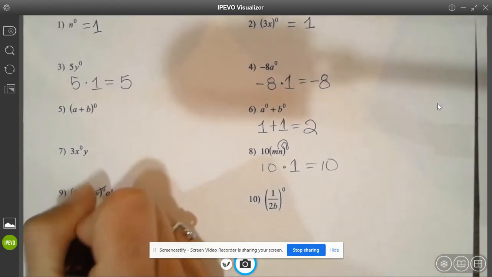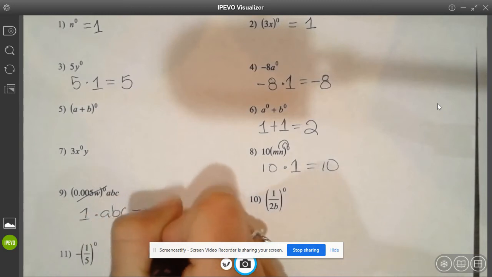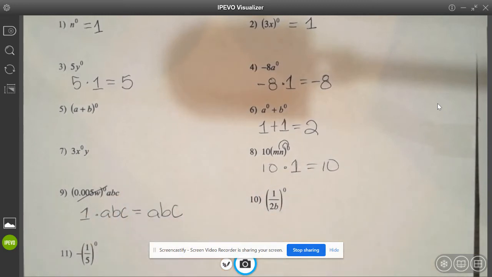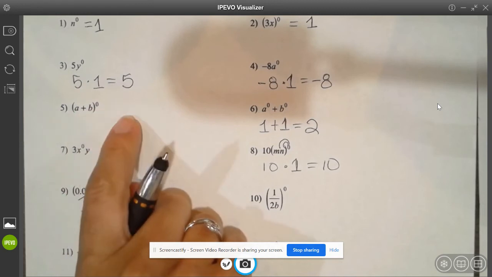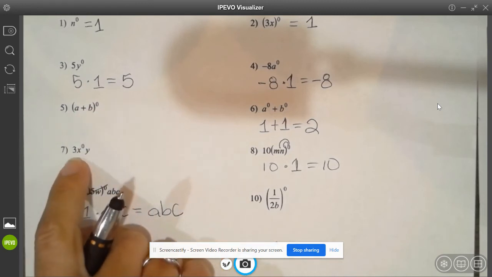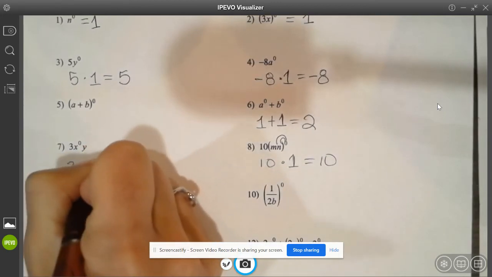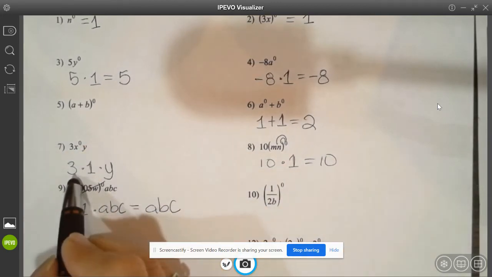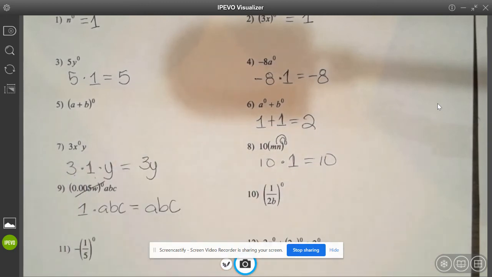So all this becomes 1 times ABC, which is ABC. Everything here is raised to the 0 power, so that's 1. Here, only x is being raised to the 0 power, so that's 3 times 1 times y. Well, 3 times 1 is 3, times y is 3y. There we go.